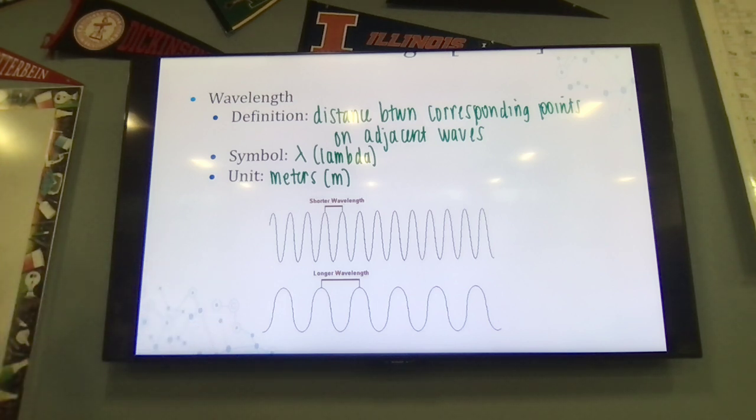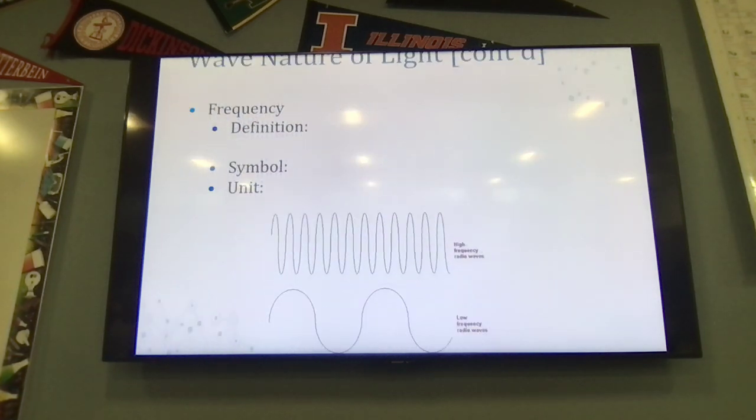Second thing for a wave, and again, you wrote these down on Friday and you're reading, you just didn't do any math with them, is the frequency of the waves. Frequency is the number of waves that pass in 1 second. So if you were to count how many waves are coming, that's what the frequency is.